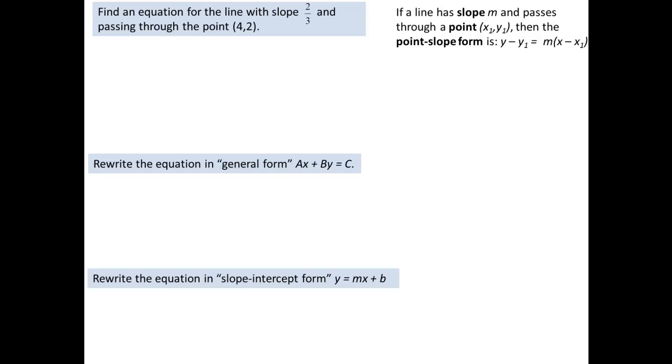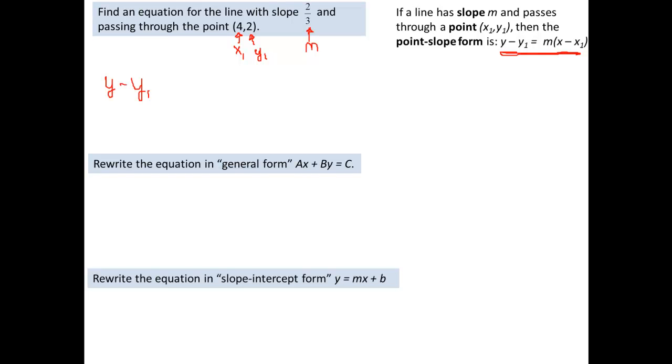Now what if I have the slope and a point but not an intercept, just a regular point like (4, 2)? Well, if we rearrange the definition of slope, we get an equation that looks like this, point-slope form. So our point is what we've labeled x1, y1 in the formula, and our slope again is what we're calling m.